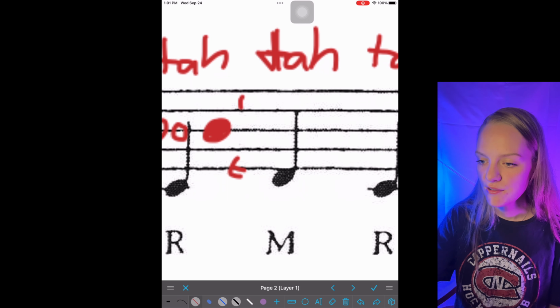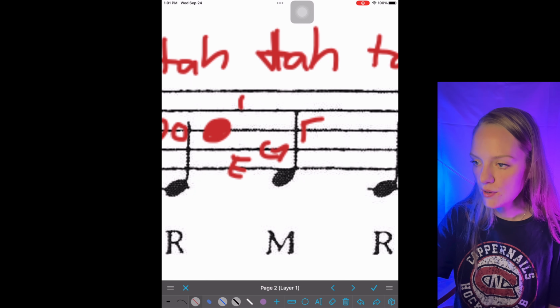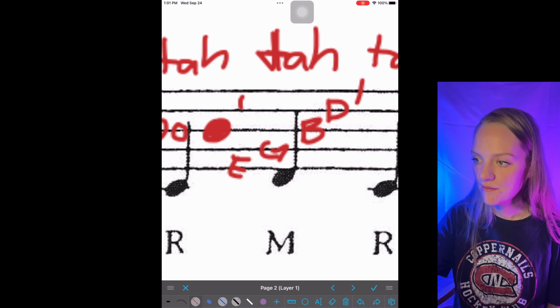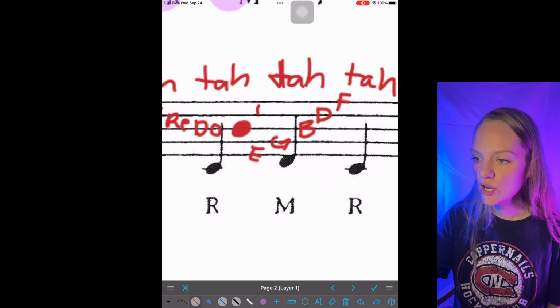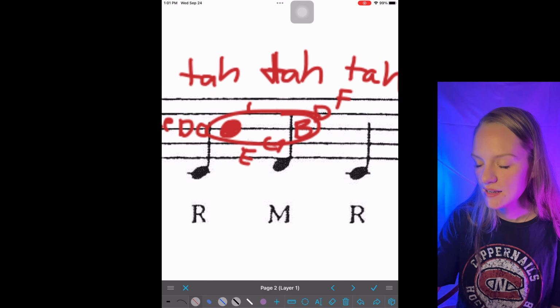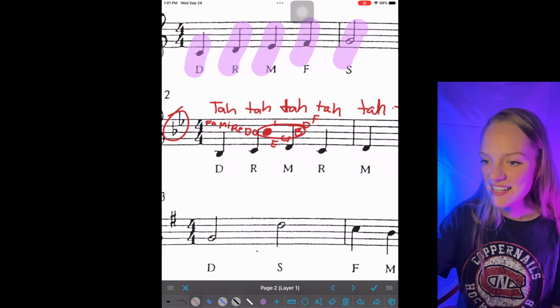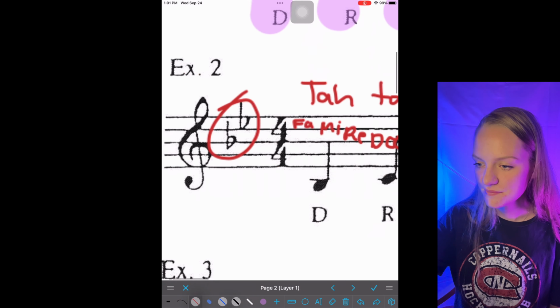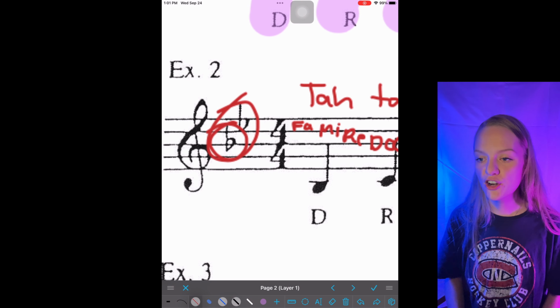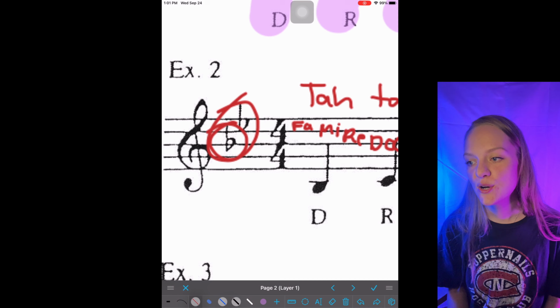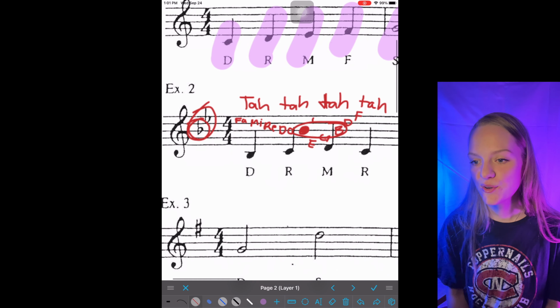And I know that every good boy does fine. So I know that B is do, except that in the key signature, there is a flat on all B's. So B flat is going to be do.